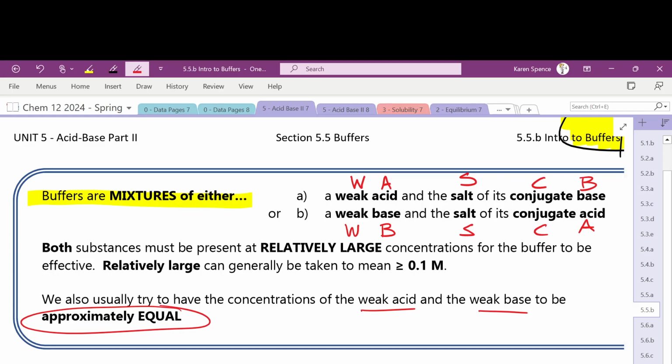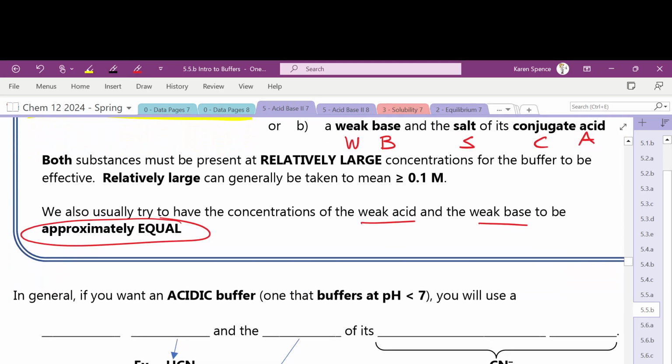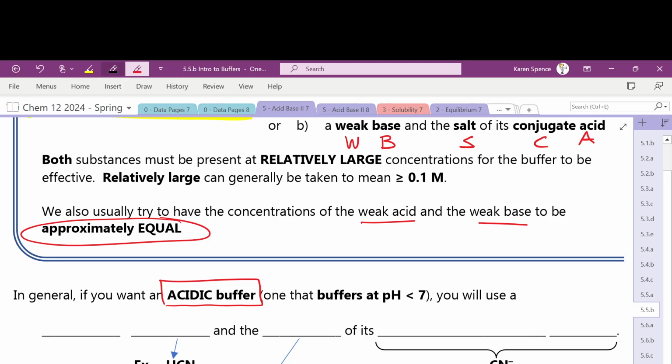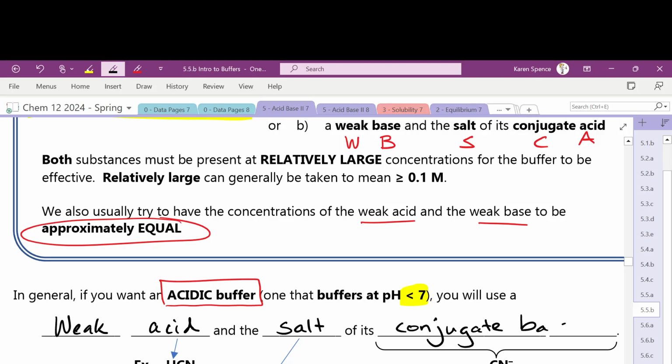Now, this next bit makes me unhappy, but this is what's included in the Chem 12 curriculum. In general, an acidic buffer is one that buffers at pH less than 7. You will use a weak acid and the salt of its conjugate base.